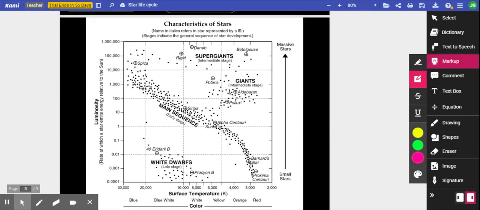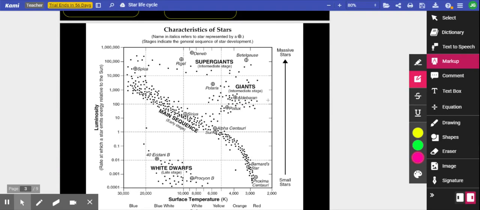In your assignment, find the key words in the question. For example, if the keyword is giants, find the giants in the table, and follow the giants down to find their temperature and color, follow the giants left to find their luminosity, or right for their size.